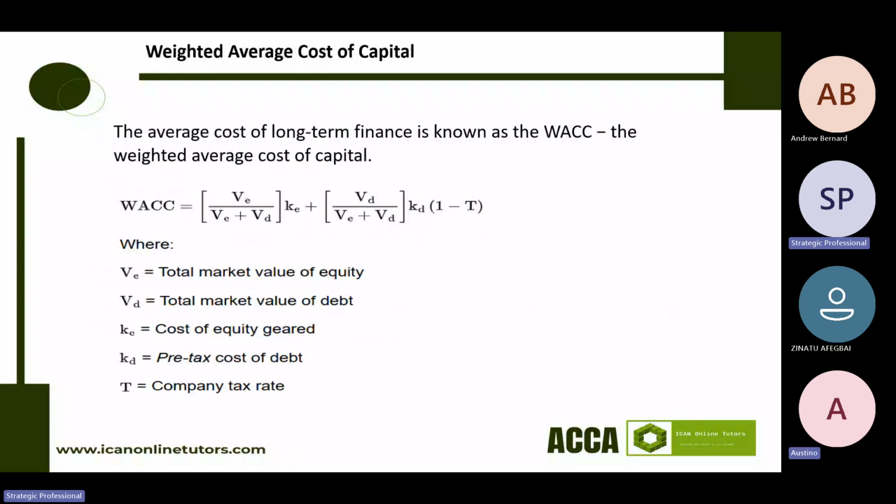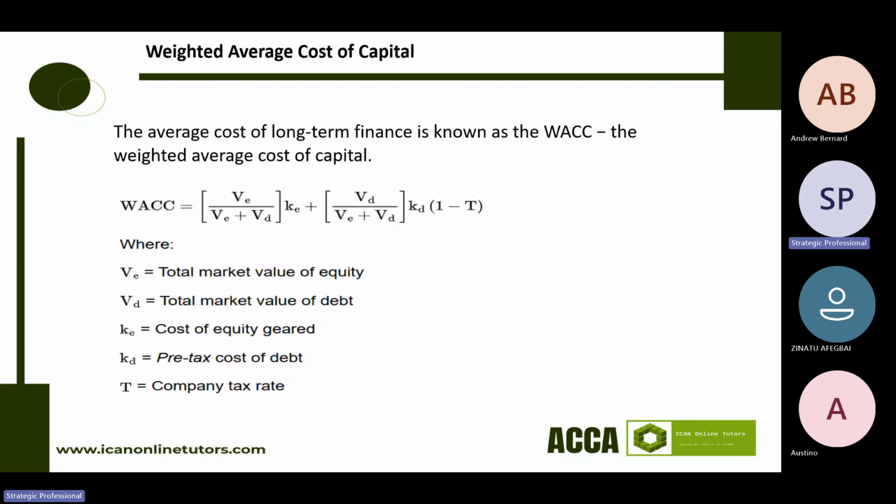So we talked about the weighted average cost of capital, where we said the average cost of long-term finance is known as the WACC, and this is the formula. We have the market value of equity divided by the total market value of both the equity and debt, multiplied by the cost of equity geared. Please note, it's cost of equity geared, right?